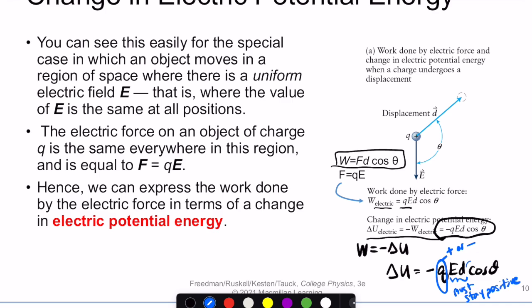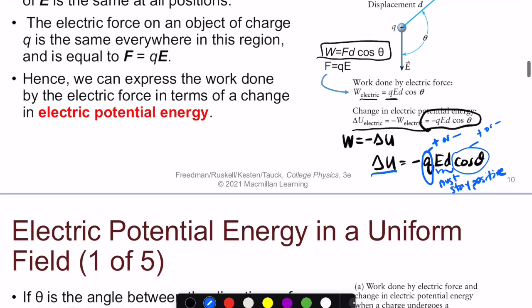And finally, cosine theta can result in a positive or negative value, okay? So there's two variables here that can change the sign of delta U, and that's the charge or the cosine of the angle between E and D. E and D are positive numbers. So that's going to help you a lot when we do these problems, to know which variables can be inherently negative and which cannot. So that's going to help you keep all your negatives in the right place.